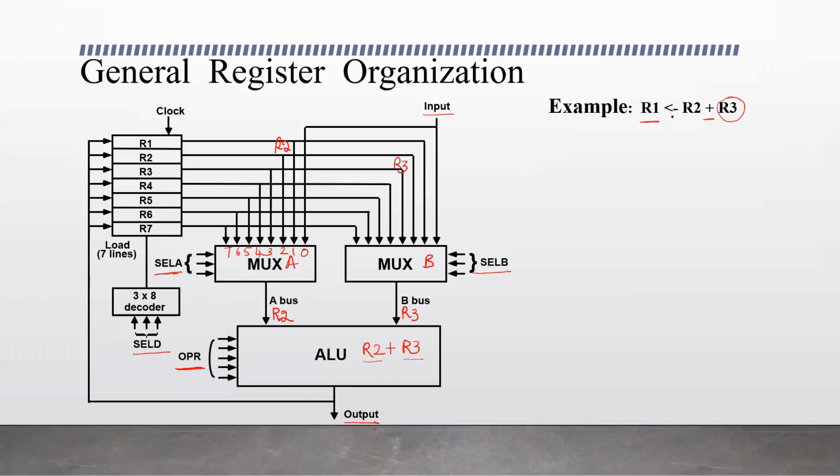We have the destination as R1, the destination register, where the result of R2 plus R3 gets stored. So the result will be placed on the output bus. Here is our output bus, so it carries the resultant information. And using the selection D, the decoder has to select R1. So this particular register will be selected and the result will be placed in R1.